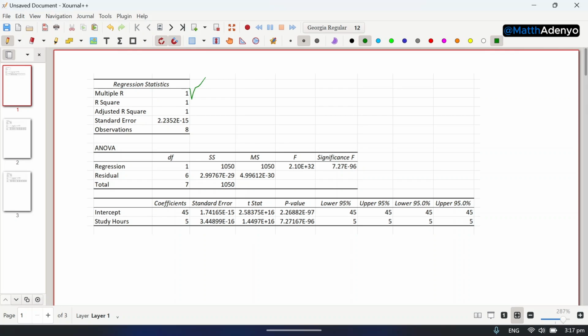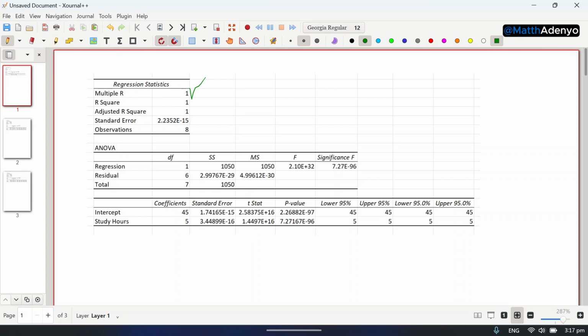So it means that 100% of the variability in the exam score is explained by the study hour. So it just indicates how well the regression line fits the data, meaning that the regression line for the exam score really fits the data of the study hour. So that is what it's also telling us.